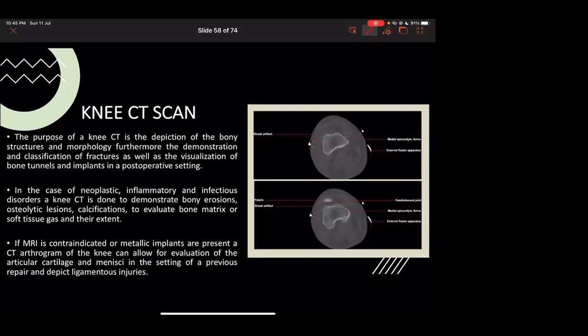In the case of neoplastic, inflammatory, and infectious disorders, a knee CT is done to demonstrate bony erosions, osteolytic lesions, calcifications, and to evaluate bone matrix or soft tissue gas and their extent. And if MRI is contraindicated or metallic implants are present, a CT arthrogram of the knee can allow for evaluation of the articular cartilage and menisci in the setting of a previous repair and depict ligamentous injuries.